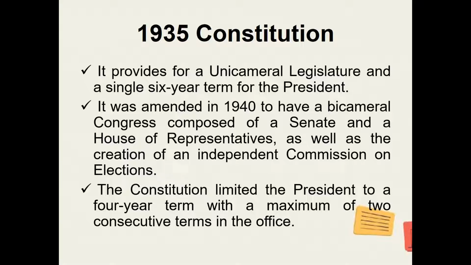Okay, you get it? So, in 1972, he's supposed to be done, no, as president. But when they enacted the 1973 Constitution, Marcos' term as president was extended because he was allowed to run as president.